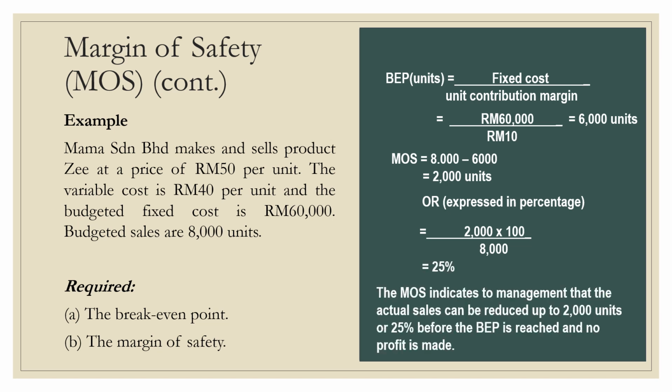So the margin of safety indicates to management that the actual sales can be reduced by up to 2,000 units or 25% before the break-even point is reached, at which point no profit is made.